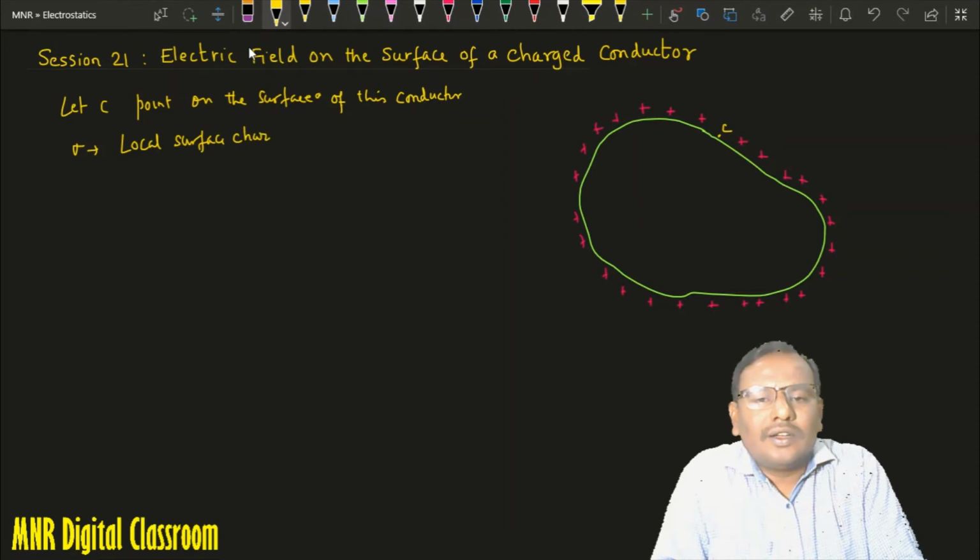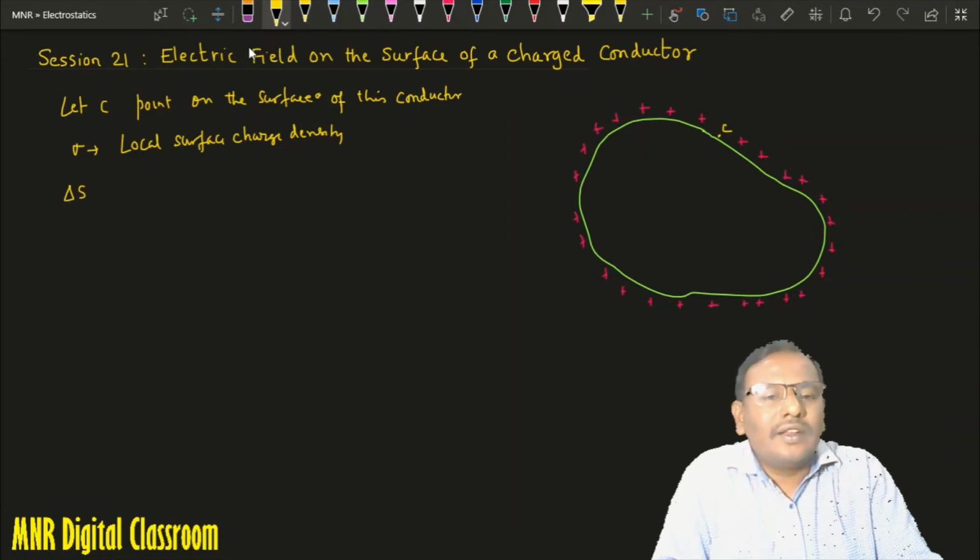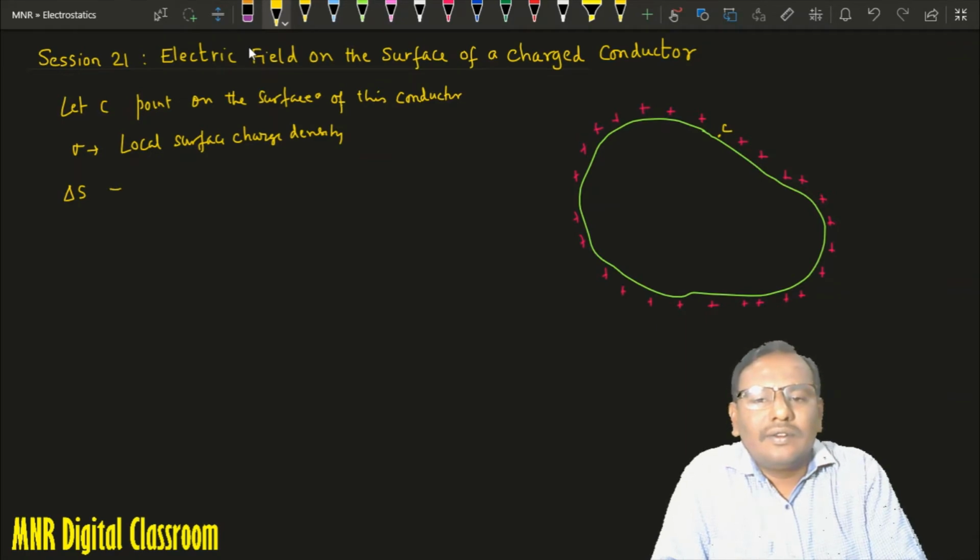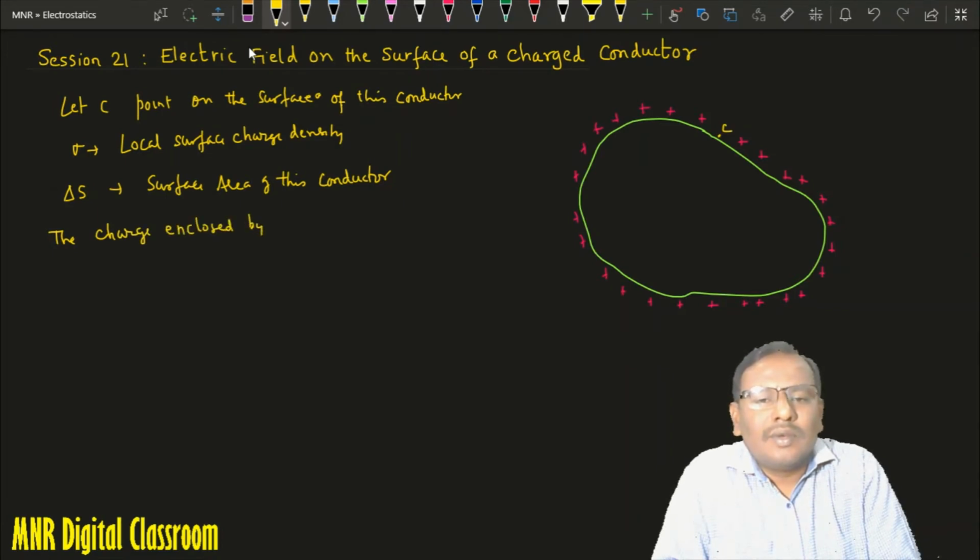If delta S is the surface area of this conductor, then the charge enclosed by the surface is equal to sigma into delta S.